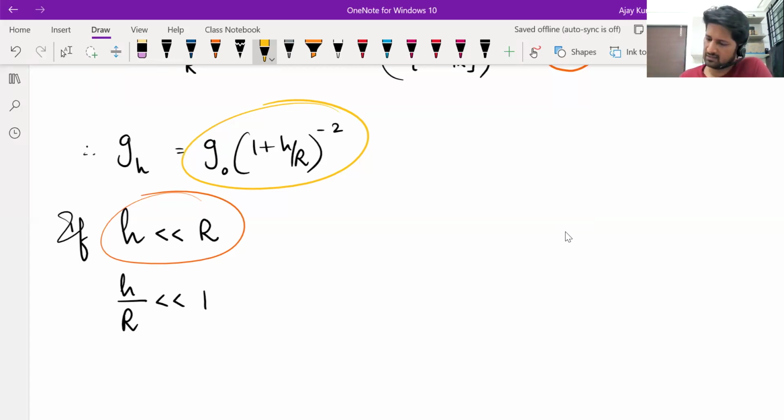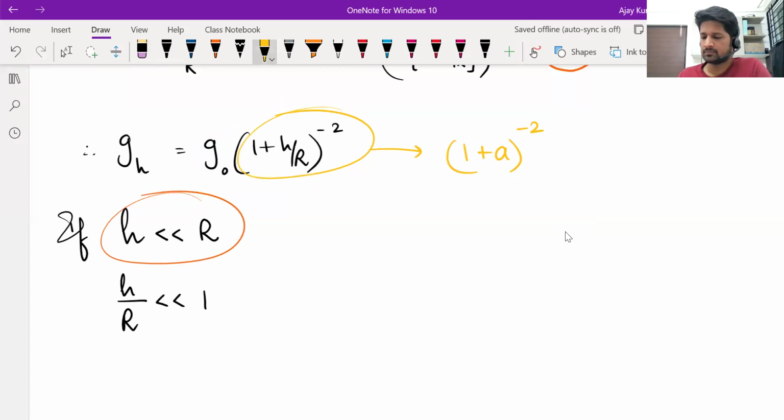Let's call it as A. So treat only this (1 plus H by R) whole power minus 2 as (1 plus A) whole power minus 2, where in place of H by R you have A. In fact, treat it as (1 plus A) whole power N, where in place of minus 2 you have N. So N is minus 2. I'm just writing the equation in different terms.